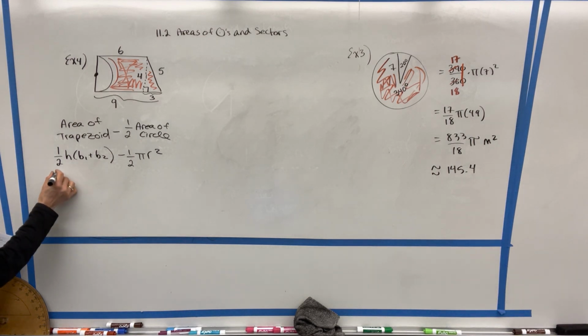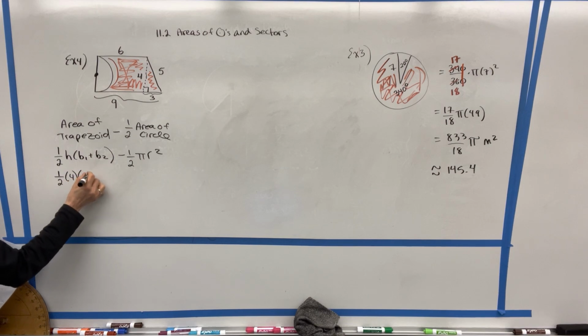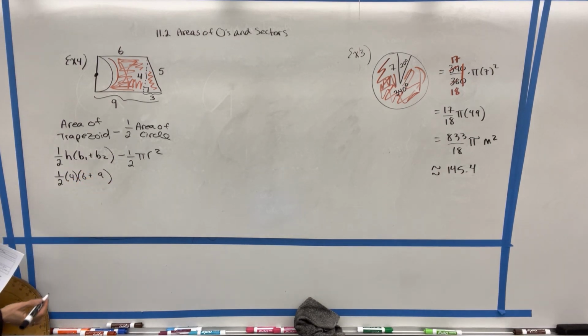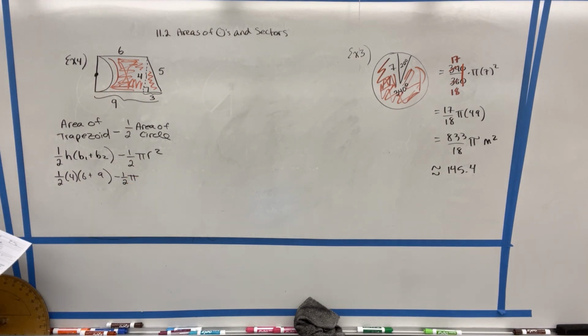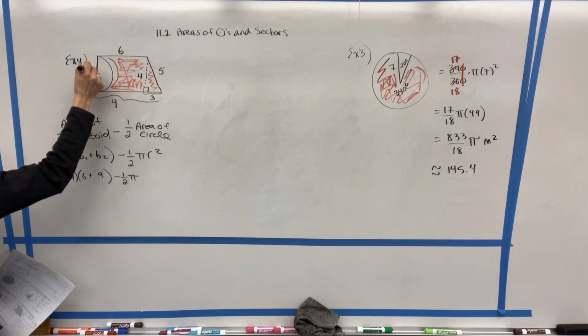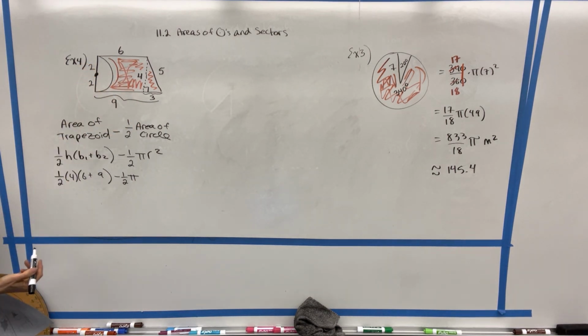Let's plug in what we know now. The height of the trapezoid is 4. The 2 bases are 6 and 9. And on the circle, what is the radius of that circle? If the height here is 4, the radius is going to be 2.